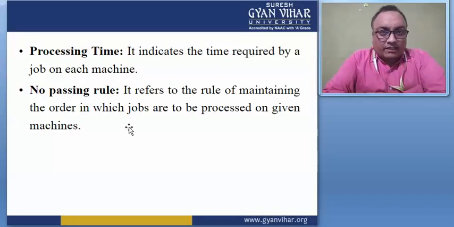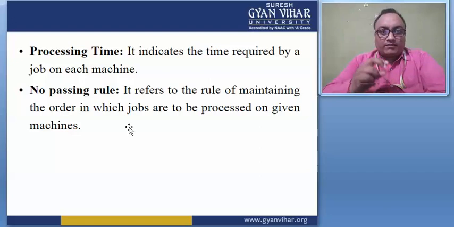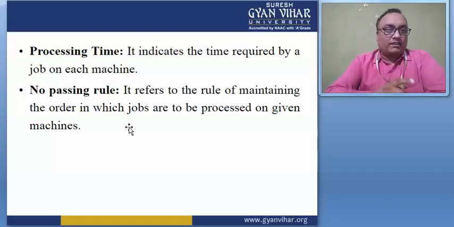Next is processing time. Processing time is the time required to complete the job on each machine. And the no passing rule refers to the rule of maintaining the order in which jobs are to be processed on given machines, right?